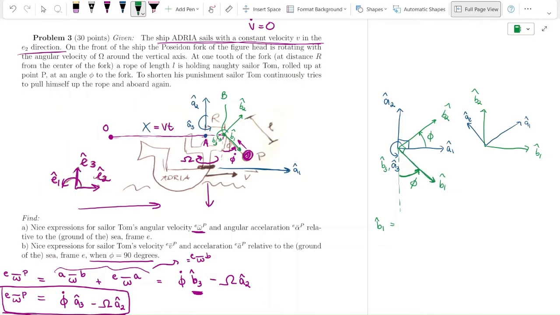So the b1 hat goes this way. We can use trig, so cosine of phi is in this direction, which is opposite the a2 hat direction. So we have negative cosine phi a2 hat plus sine phi a1 hat, right? Yeah, that's our vector projection.